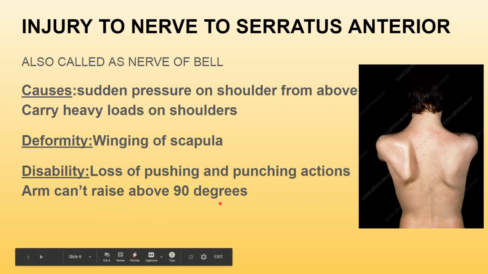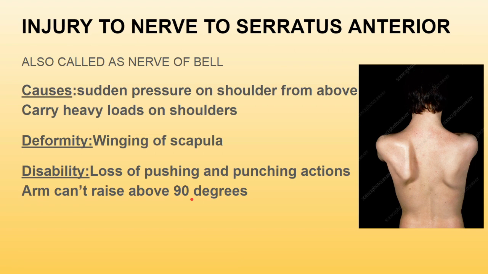Why? Because remember, for up to 15 degrees of abduction of your arms, the supraspinatus muscle acts to begin the abduction of your arm, and from 15 to 90 degrees the deltoid muscle causes the abduction of your arms, right? While above that, when you want to raise your arms above 90 degrees, two muscles mainly act, the serratus anterior muscle and the trapezius muscle.